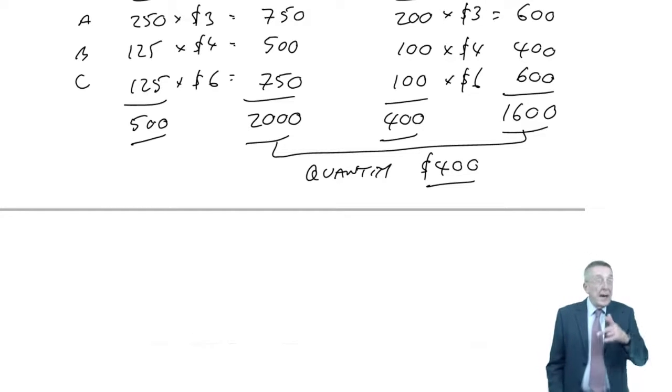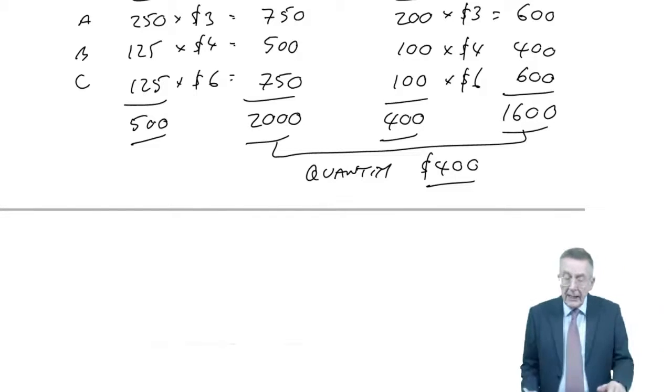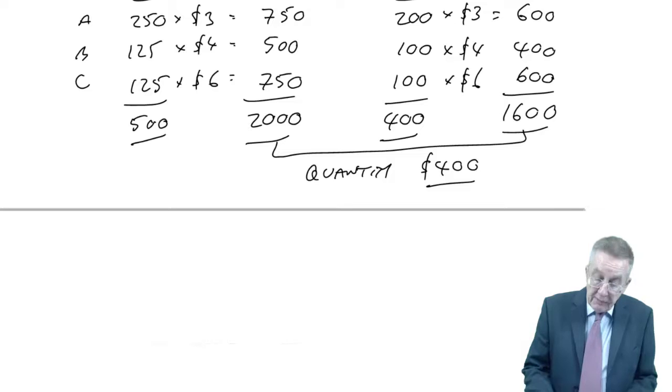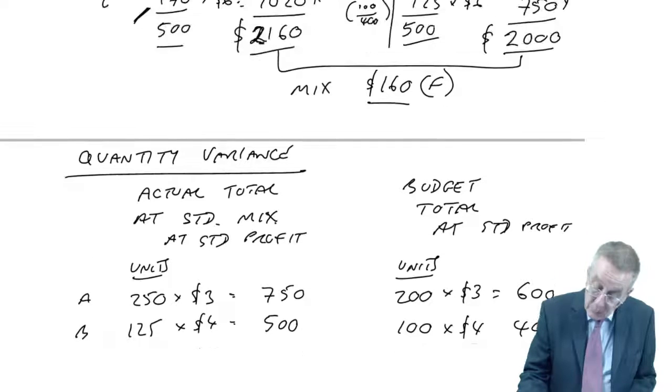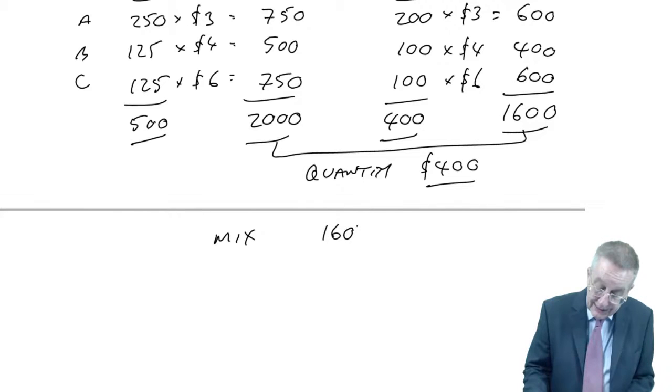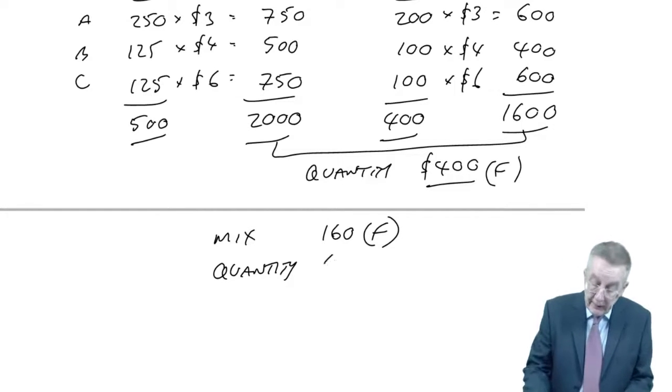And does it check? Remember, I'm analysing the volume variance here. The price variance isn't affected. Price variance we've done, finished. But here I've analysed the volume. The mix variance, we had 160 favourable. The quantity variance, I didn't write it in, but it's clearly favourable, is 400 favourable.